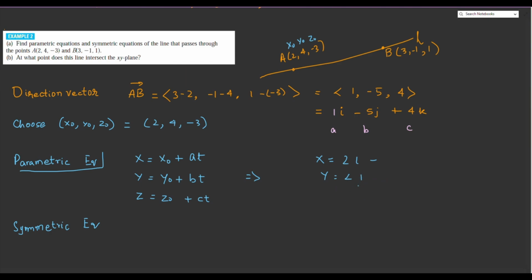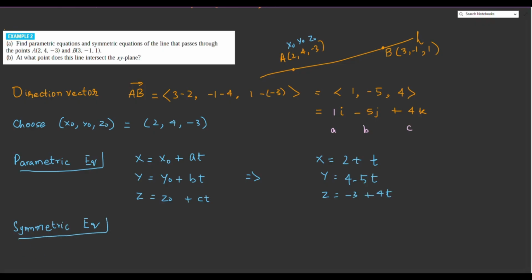I will write them one more time. So x equals 2 plus t, y equals 4 minus 5t, and z equals minus 3 plus 4t.